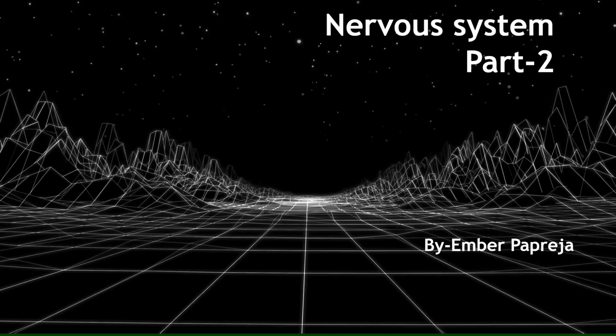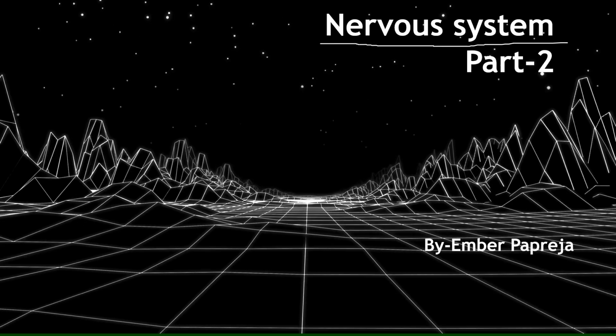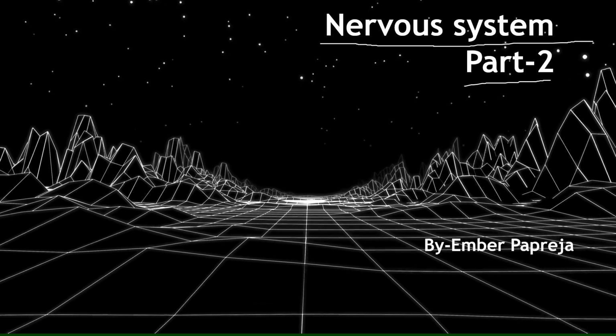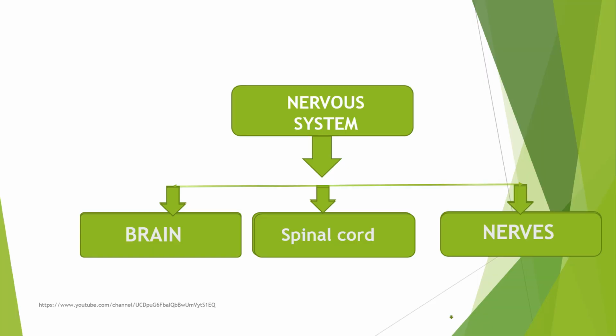So in today's class we are going to learn about nervous system part 2. The nervous system consists of the brain, the spinal cord and the nerves. We already learned about the brain, so let's give a quick recap. The brain is the control center of our body and controls all our actions.